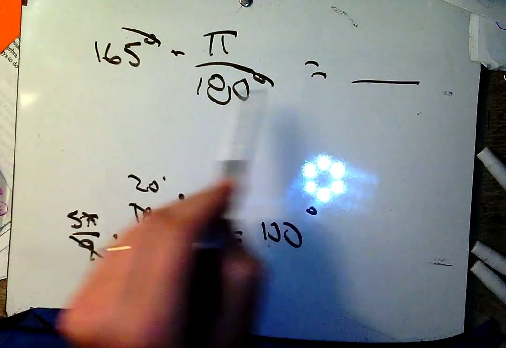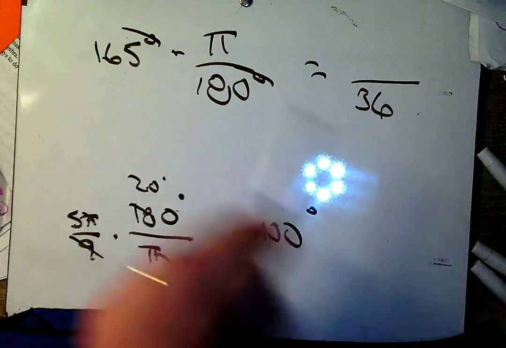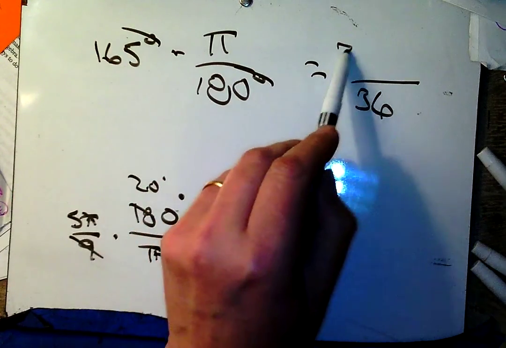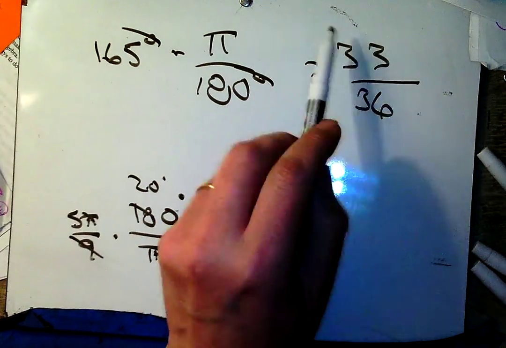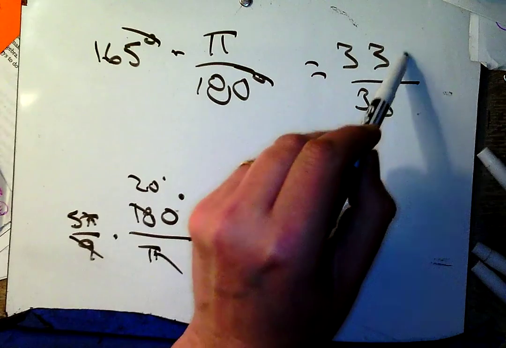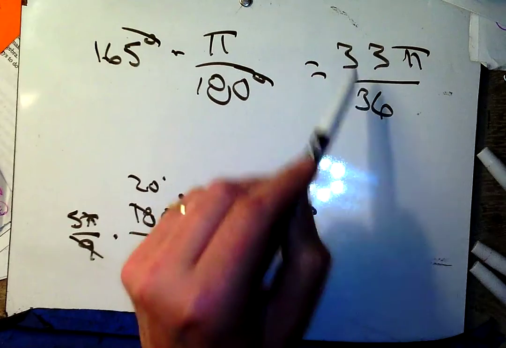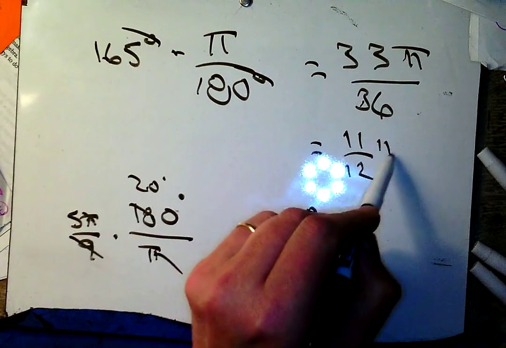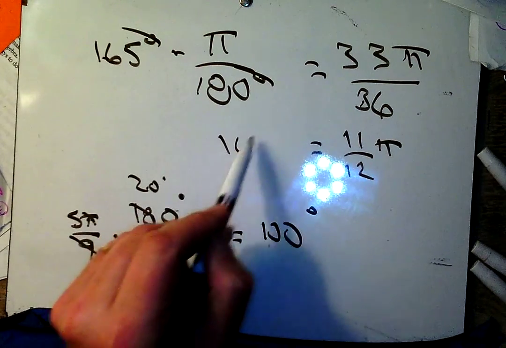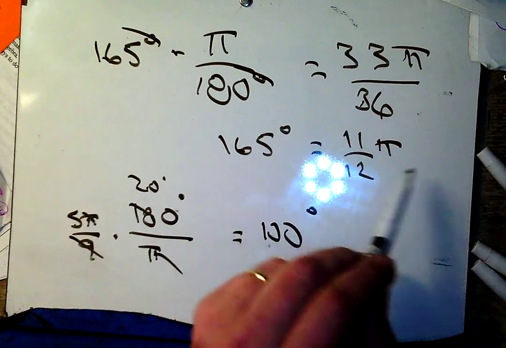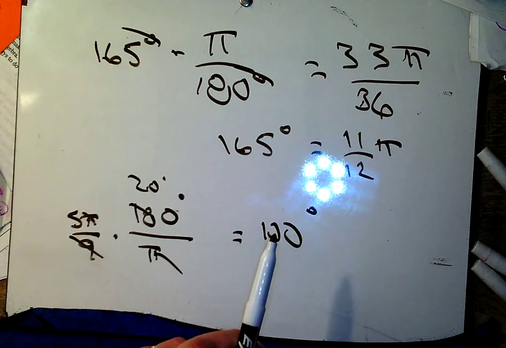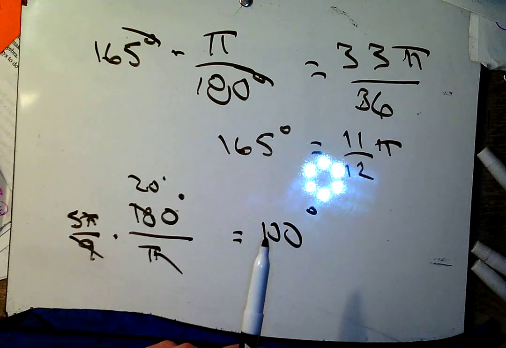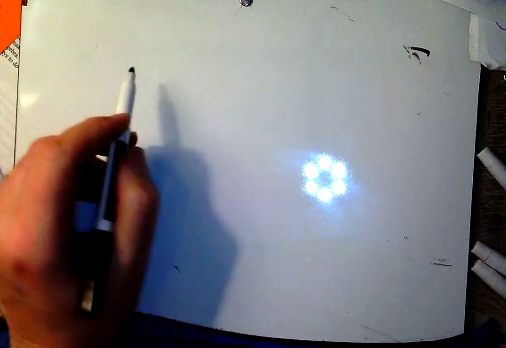I know that's 36 because we just did that. 5 into 165 is 33. Times pi. Ooh, I could take a 3 out of both of those. 11 over 12 pi. 165 degrees is the same as 11 over 12 pi. Good.